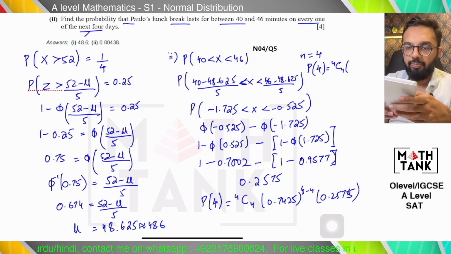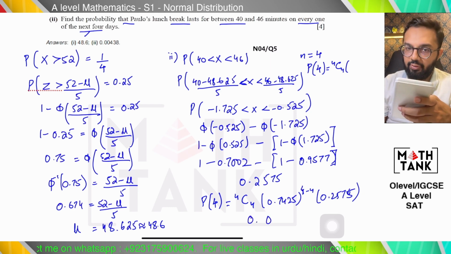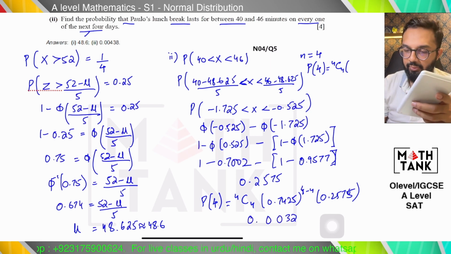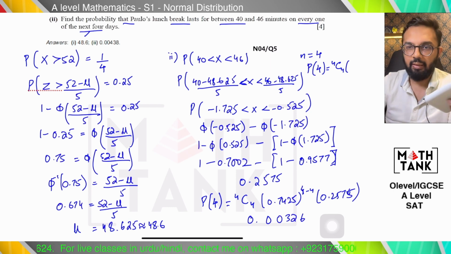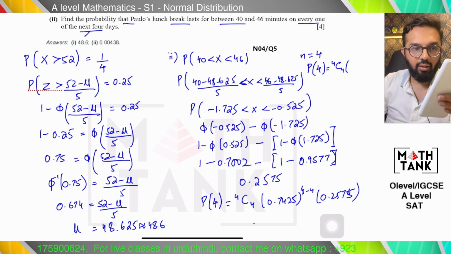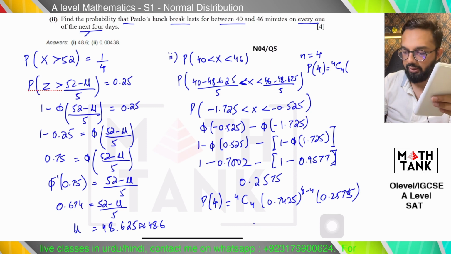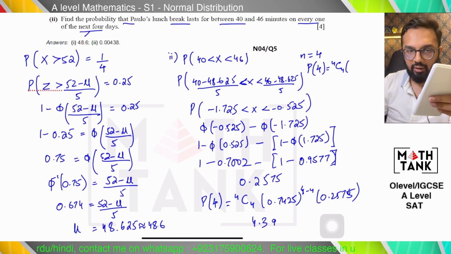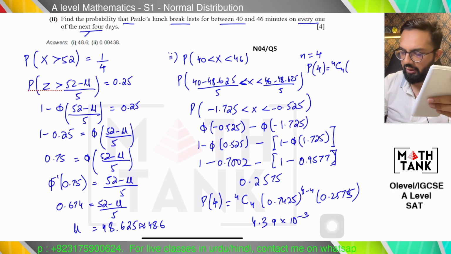So I get a very small answer, and that's 0.00326. Let me check what the error is. Okay, the error is in the last calculation here. It's 4.39 times 10 to the power minus 3. It's not 39, it's 3965, I think.